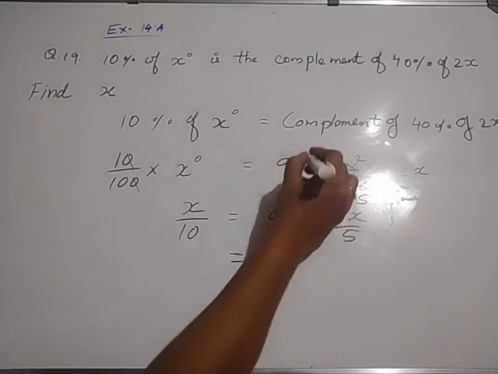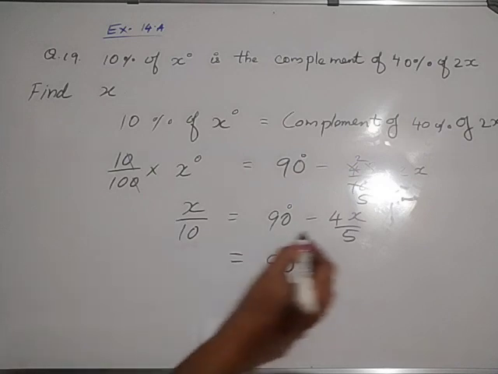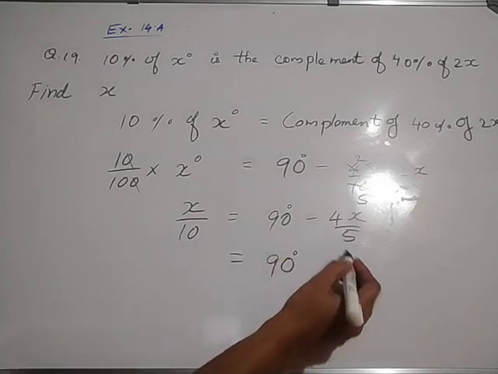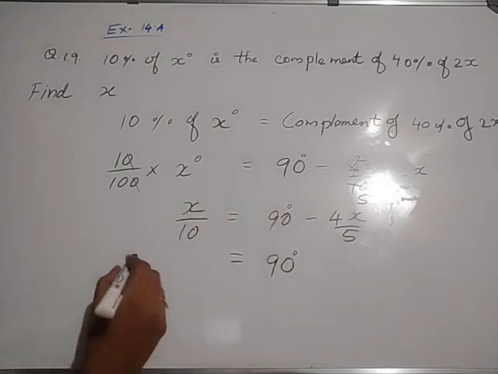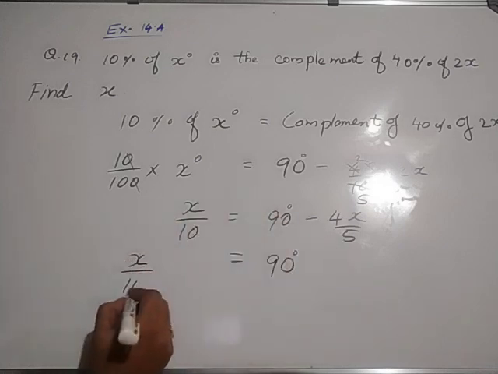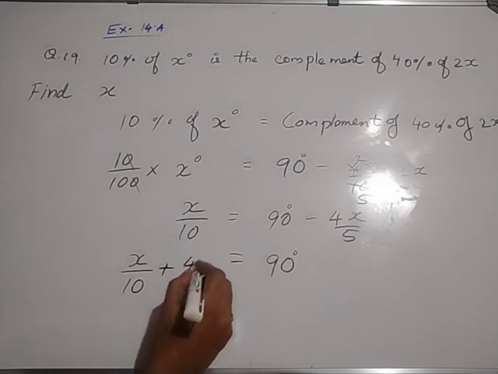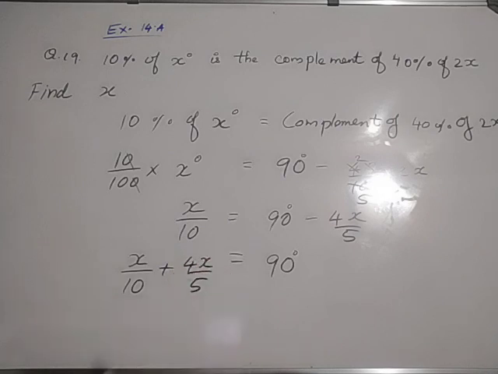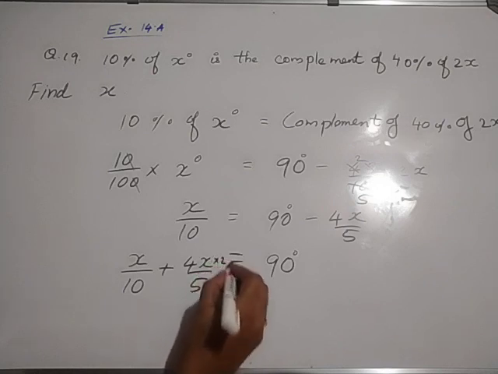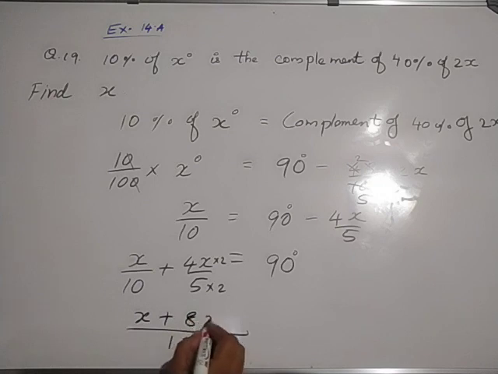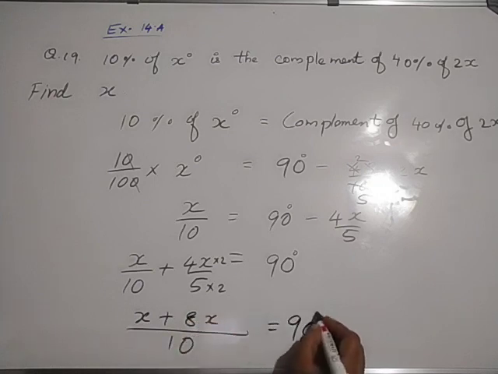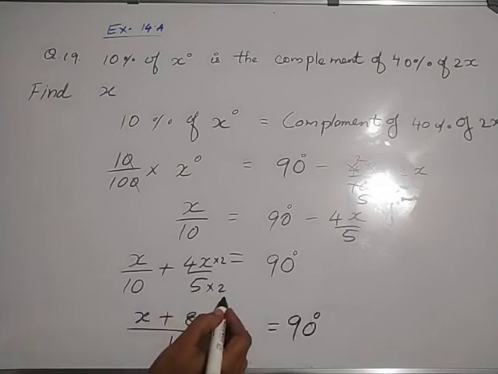It's 90 degrees minus 4x by 5, it is subtracted here, no? When we write to the left side, it is plus: x by 10 plus 4x by 5. Okay, take the LCM, it's 10. x plus 8x is equal to 90 degrees. 5 2s are 10, so 4x into 2, 8x.